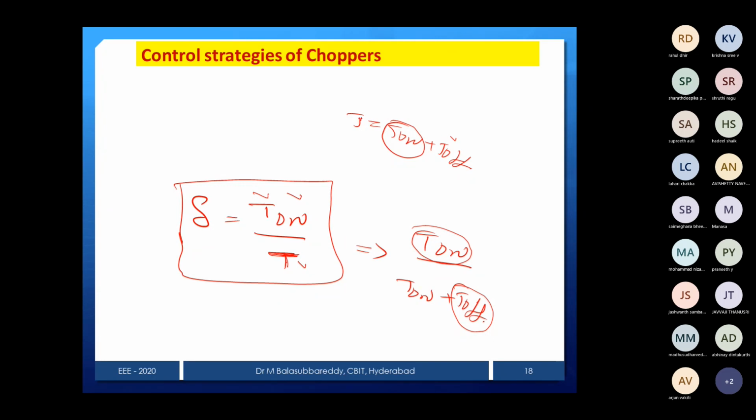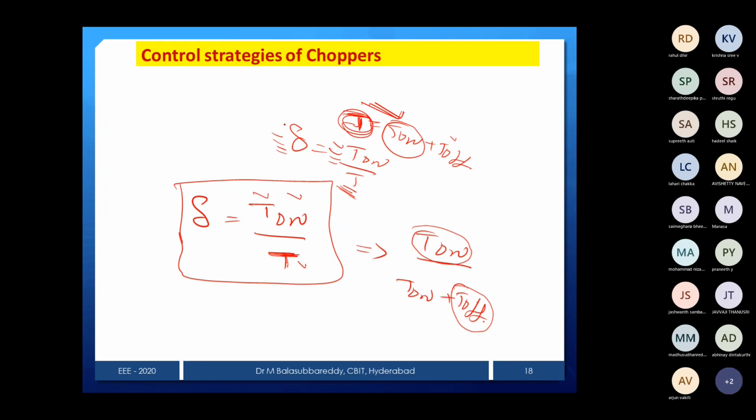But now my question is, you keep T constant. If this is constant, what is the possible option according to the formula? Only T on. You can control T on, and automatically delta is going to be controlled. T on by T: T is kept constant and you keep changing the T on period, and it is automatically proportional to delta. Therefore delta is going to be controlled.